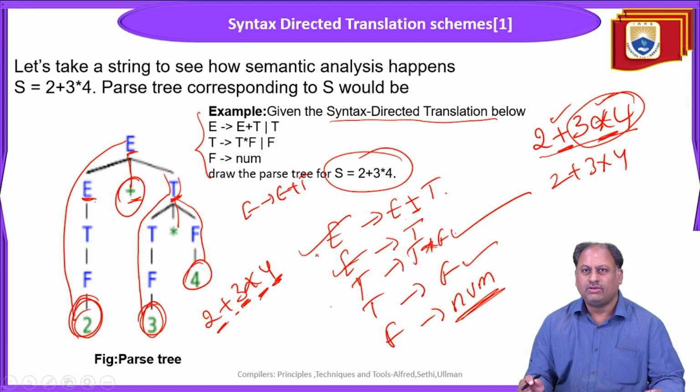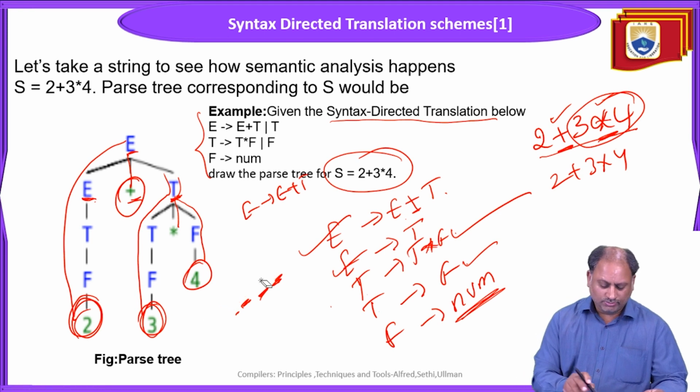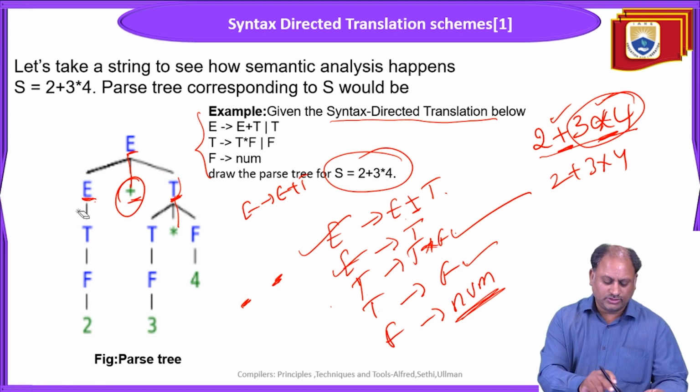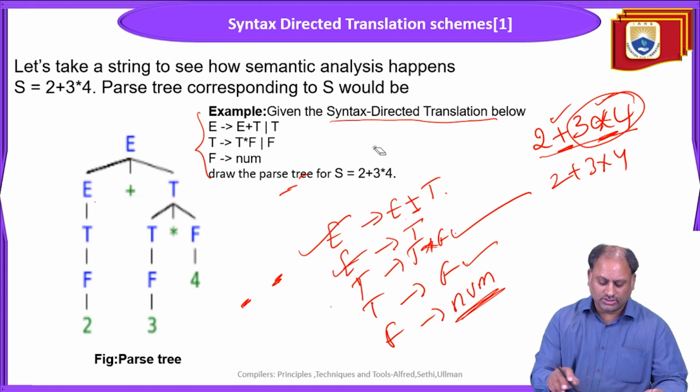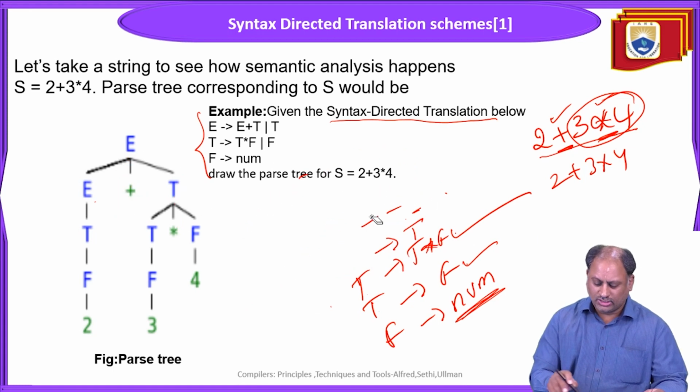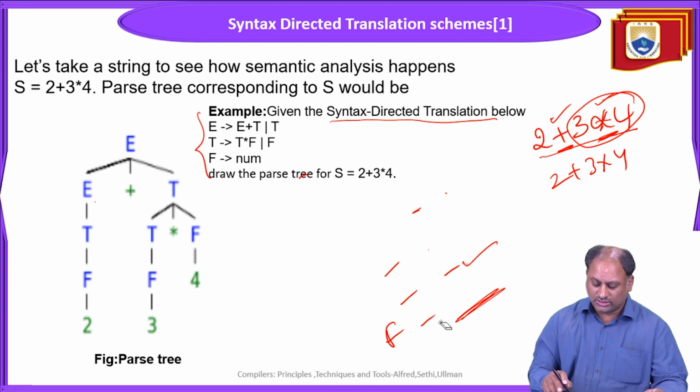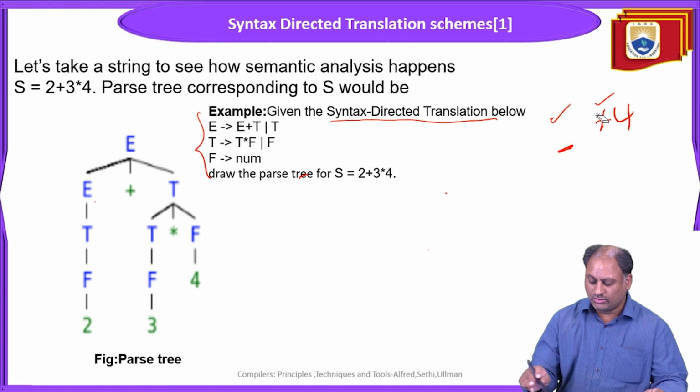In this way we construct the parse tree for the given set of productions, which leads to the construction of the string 2 plus 3 star 4.